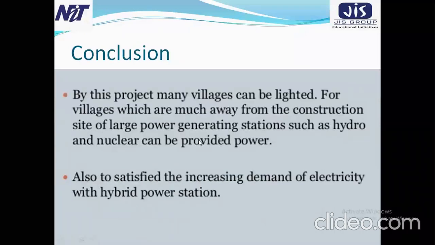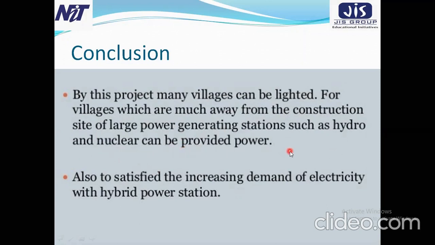Now I'm going to the conclusion of the lecture. By this project, many villages can be lighted. Villages which are far away from the construction site of large power generating stations such as hydro and nuclear can be provided power.